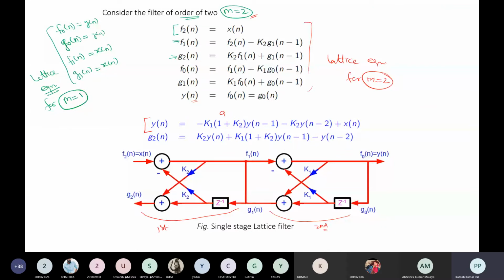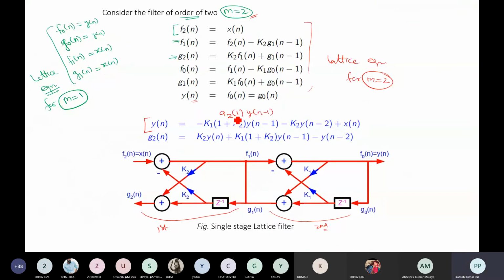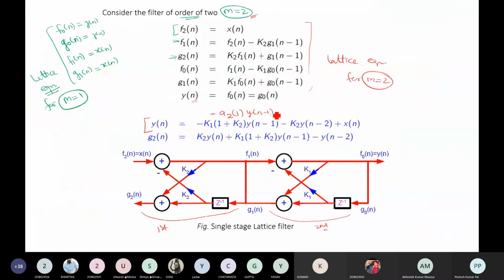So it will be like k 2 of 1 y of n minus 1, minus a2 of 2 y of n minus 2 plus x of n is equal to y of n.